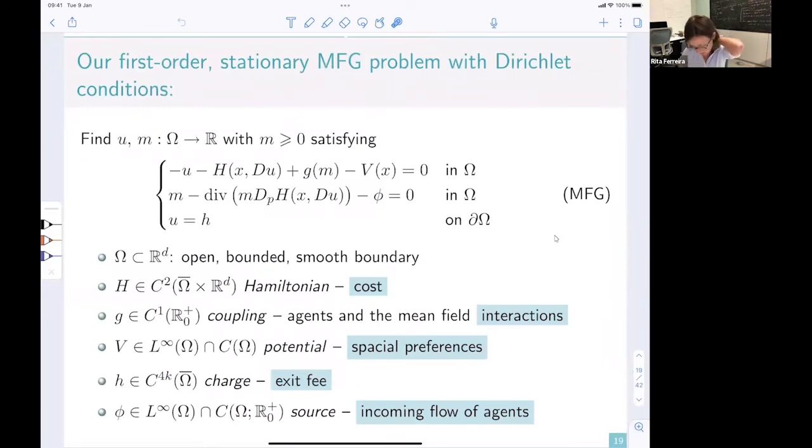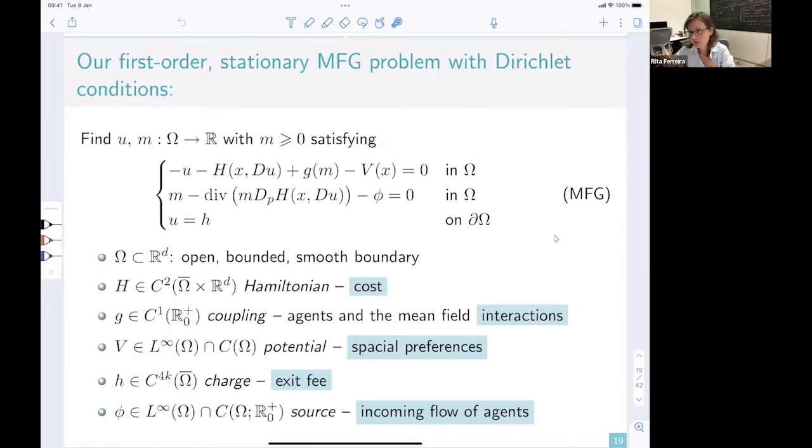in that work that I was mentioning with Teru and Diogo, this is the general mathematical formulation of the mean field games that we are looking at here. So omega is an open bounded domain with smooth boundary. H is the Hamiltonian, which models the cost function. G is the coupling that encodes the interactions between agents and the mean field, and V is the potential that encodes spatial preferences of agents.